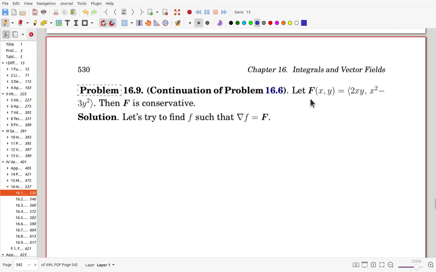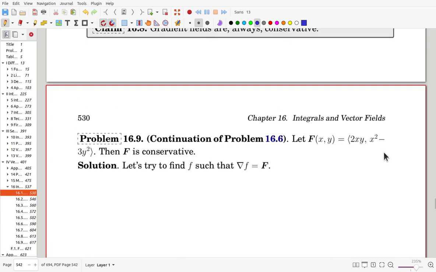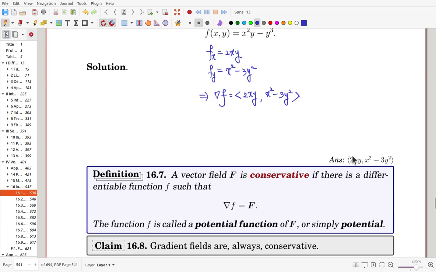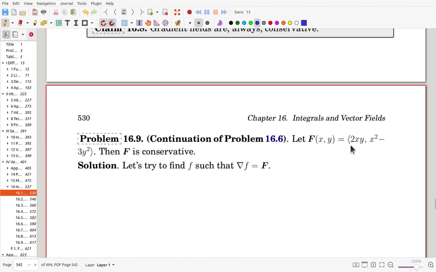Now, for this vector field, earlier we know that it is made from a function. That is the gradient of the function, so the 2xy and x squared minus 3y squared must be conservative.